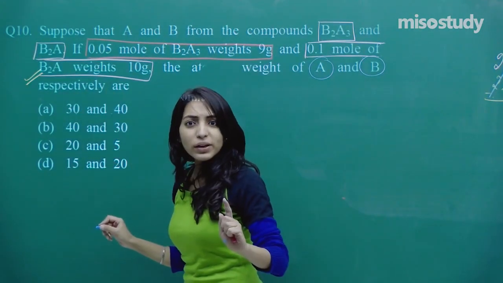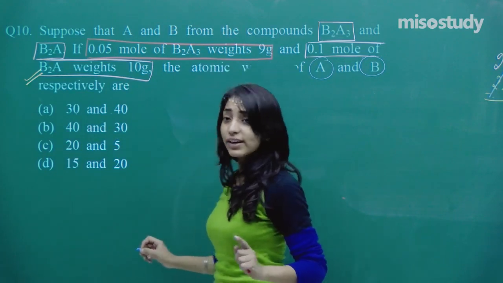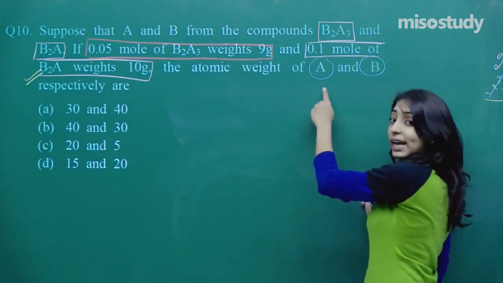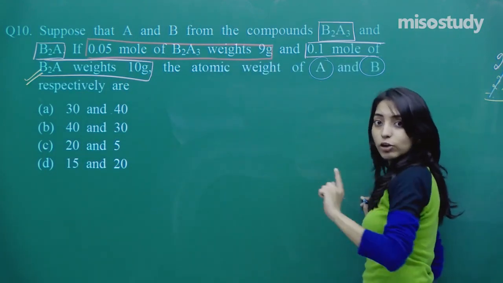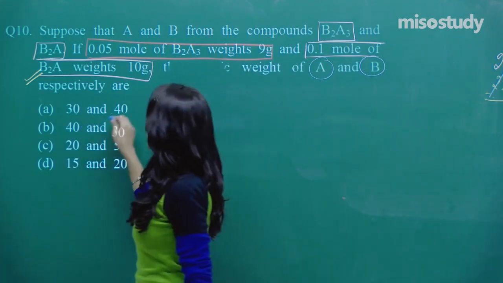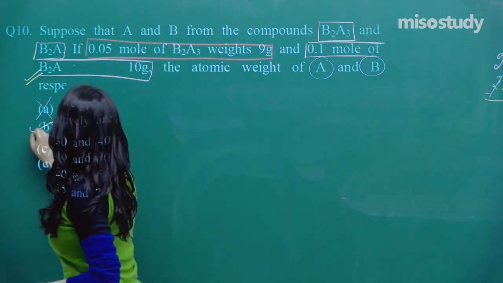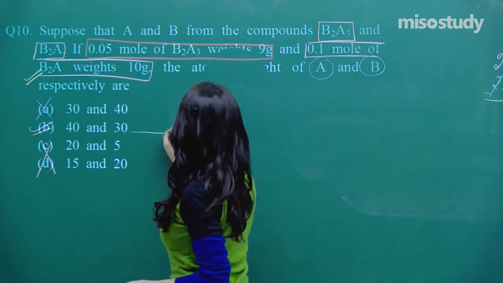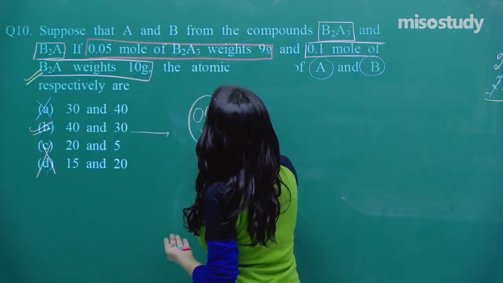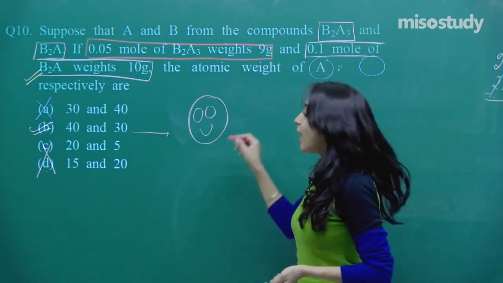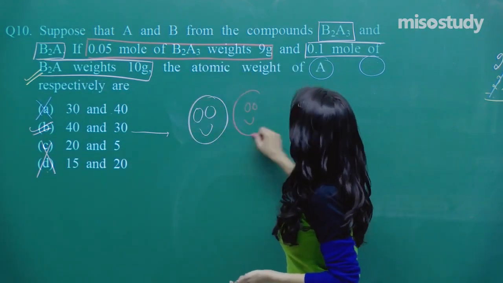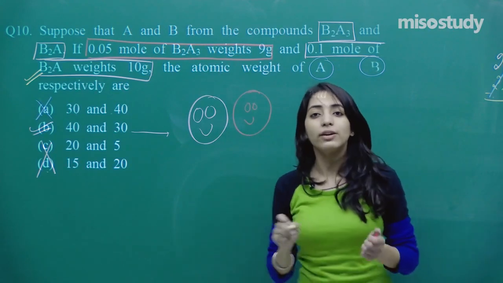Don't mark the answer quickly. You need to see very carefully whether he has written A here or B here. So A 30, B 40? No. A 40, B 30? Yes. Don't go to the other options since we finally got the final answer to the last question of the NEET paper.